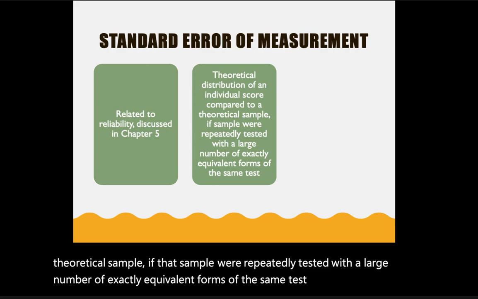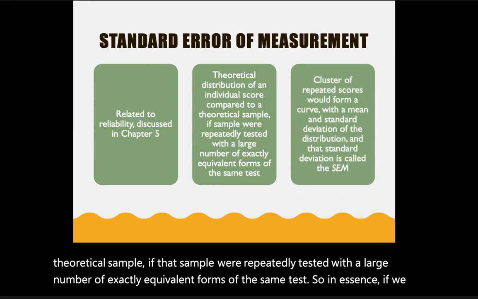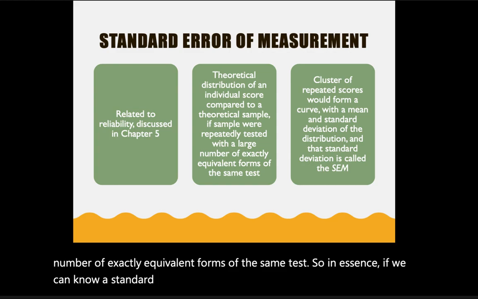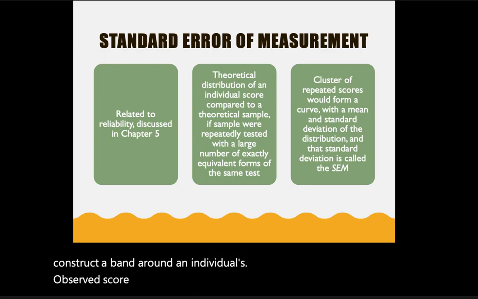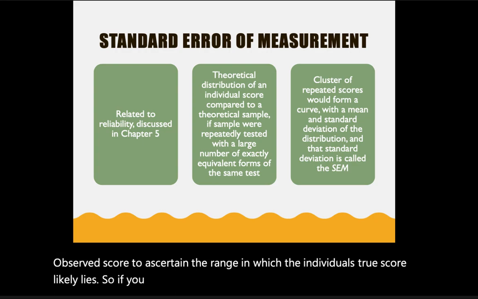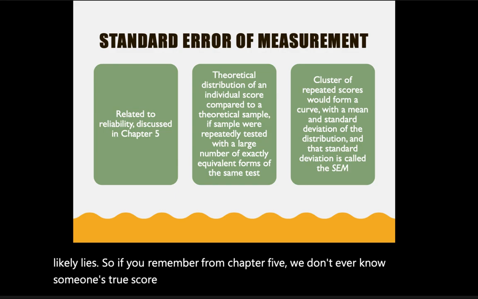So in essence, if we can know a standard error of measurement, this allows us as assessors to construct a band around an individual's observed score to ascertain the range in which the individual's true score likely lies. If you remember from chapter 5, we don't ever know someone's true score. We have their observed score on an assessment.